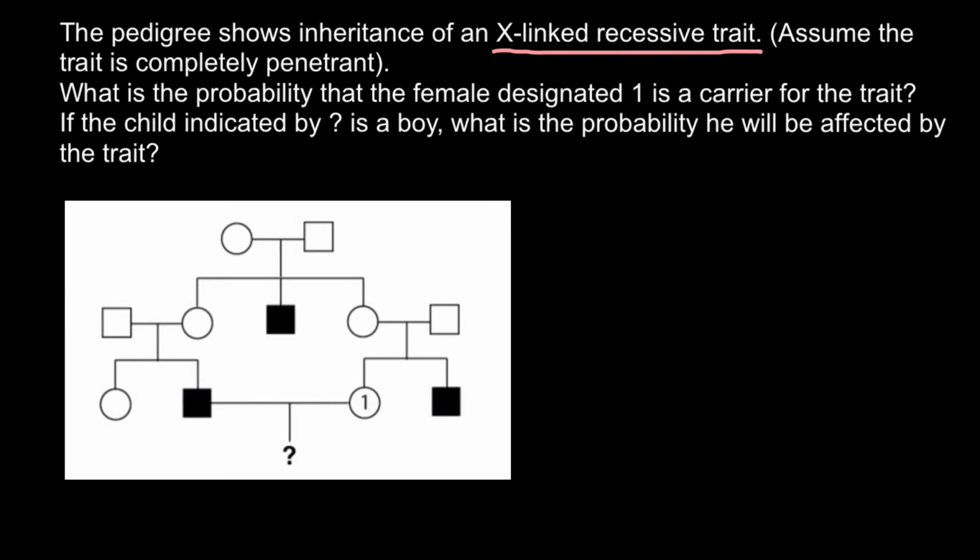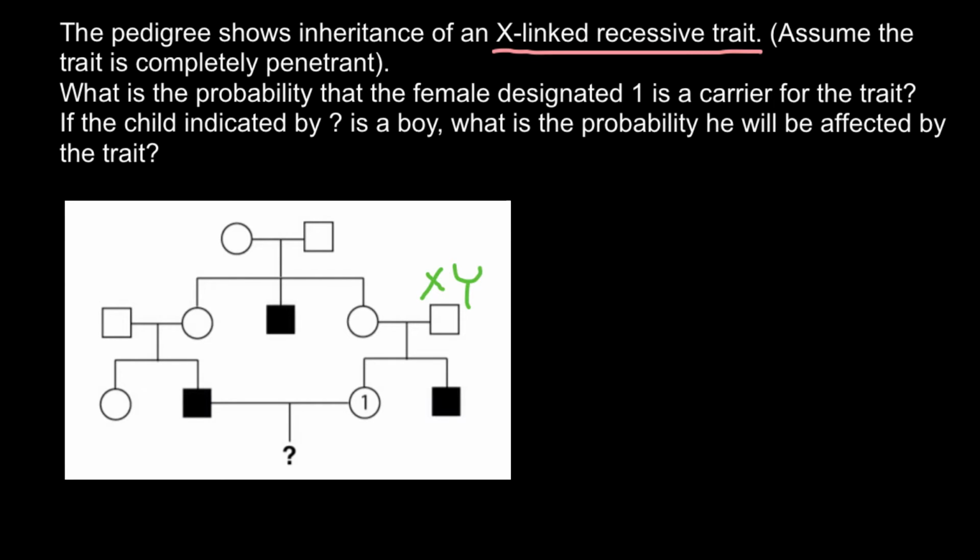recessive trait. In order to find the probability for this female to be heterozygous for this trait, we have to concentrate on this part of the pedigree. So her mother's phenotype is normal, her father's phenotype is normal. This gives us information that her father has one normal X chromosome and a normal Y chromosome.